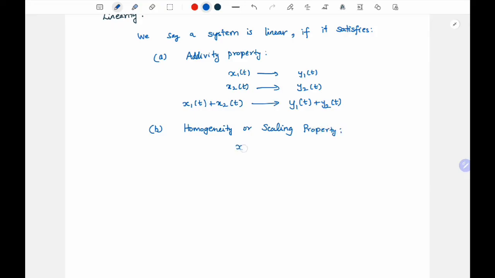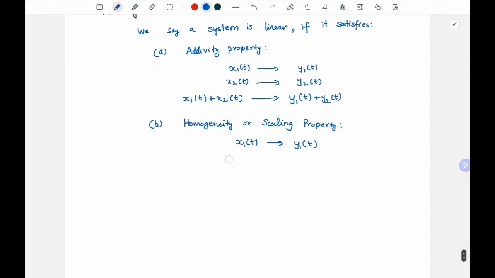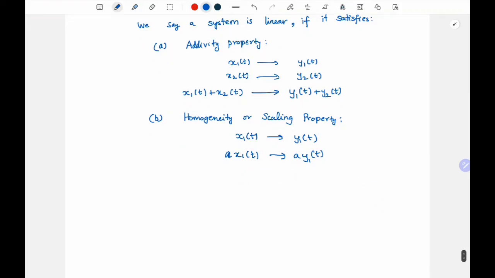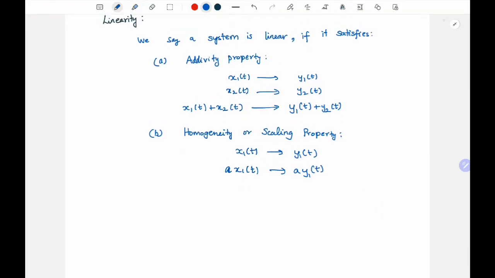What it means is, if x1 of t gives y1 of t as output, then I multiply it with some a, a times x1 of t. Then the output should be a times y1 of t. Whatever times I scale the input, the same scaling should happen at the output. This type of system is called a linear system.